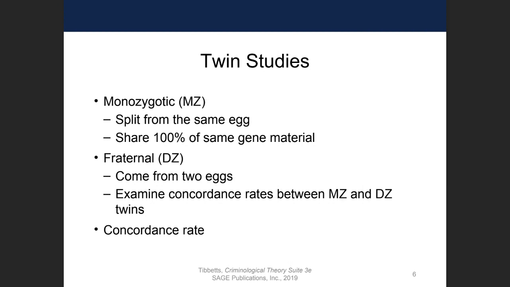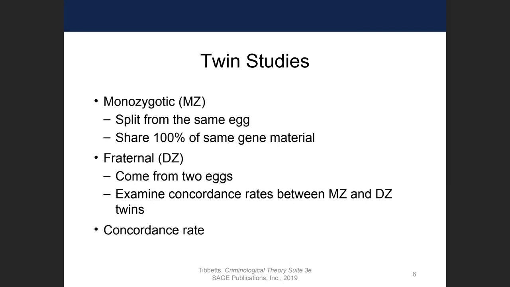And what they found in these twin studies was that identical twins were more likely to share the trait of criminal behavior than fraternal twins. They attributed this to the fact that identical twins share 100% of the same gene material, whereas fraternal twins only share 50% of the same genetic material.